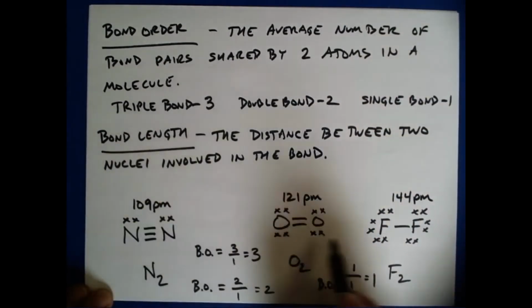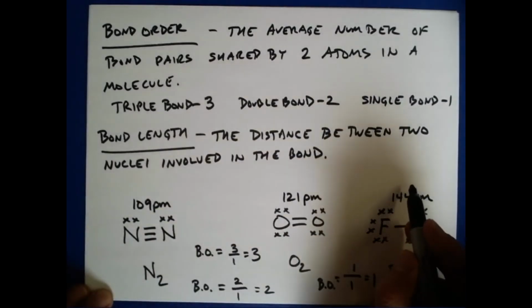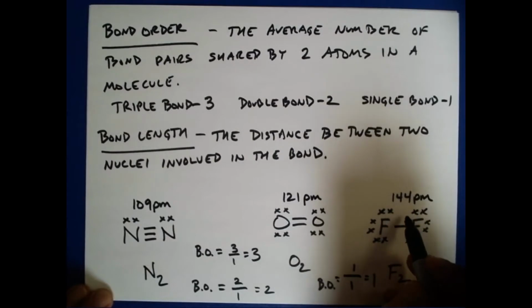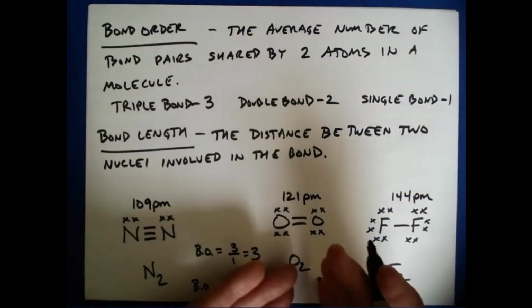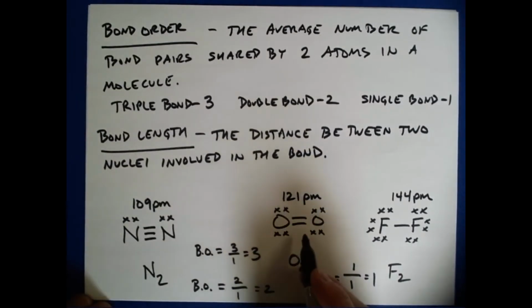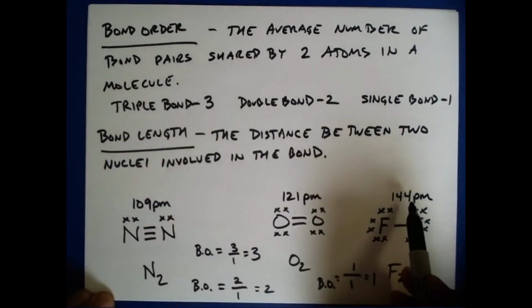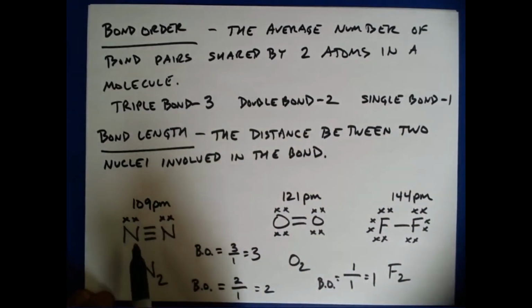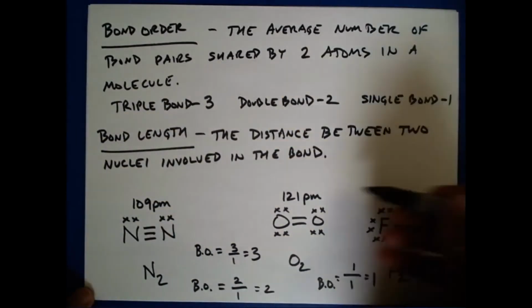And so we see this connection: as bond order increases, as we go from a bond order of 1, which is single bond in character, to a double bond of 2, to a bond order of 3, which is triple bond in character, the bond length decreases. That's also because the strength of these bonds increases in this direction.